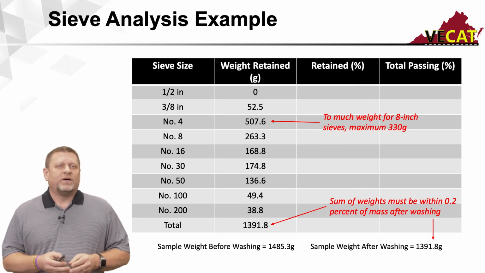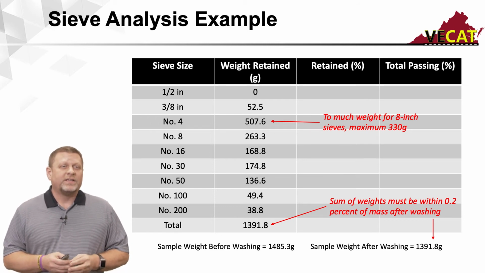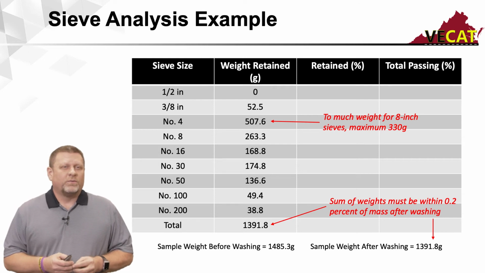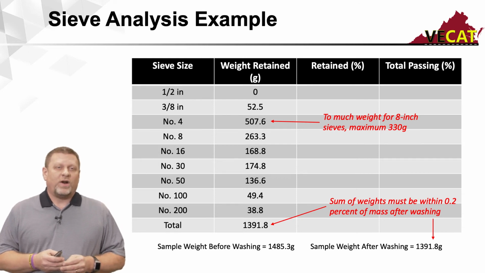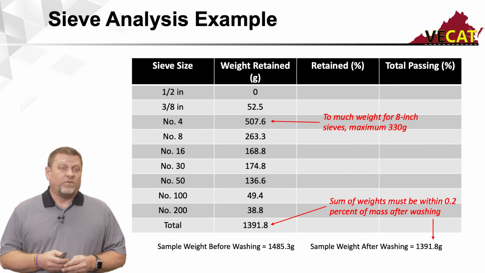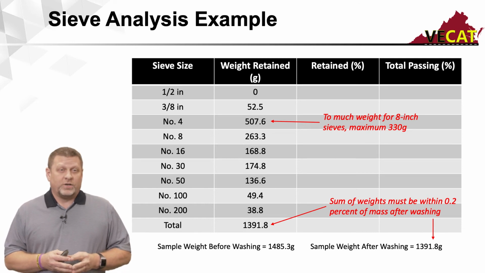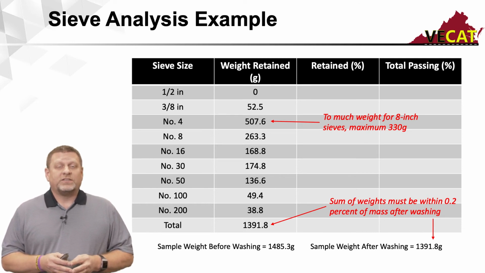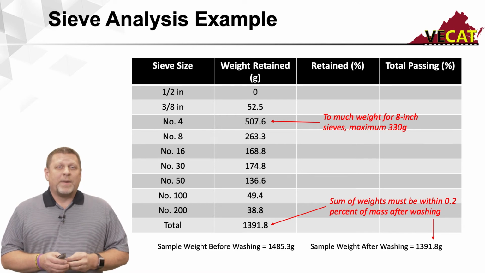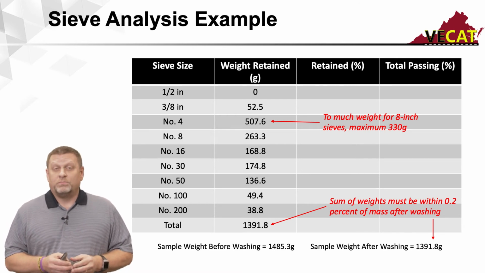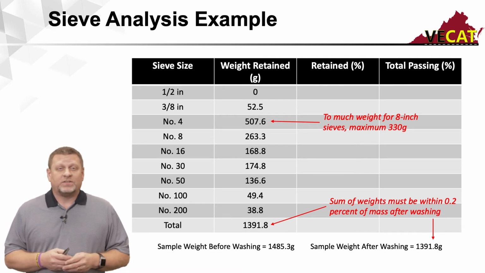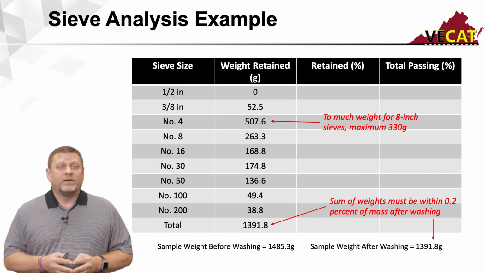You can also tell, one thing I'd like to point out here is, notice on the number 4, there was 507 grams of material retained on that number 4 sieve. That's a lot of material. According to the AASHTO specification, the maximum amount of material that can be retained on an 8-inch diameter sieve is 330 grams.